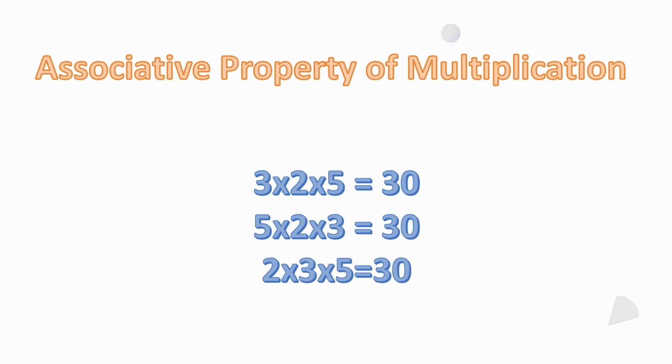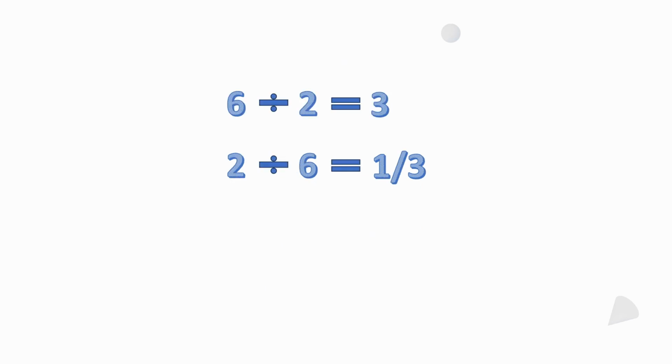That's also 30, or 2 times 3 times 5 is 30. Now, the associative property doesn't apply to division, kind of like what we showed on subtraction. If I take 6 divided by 2, well, that's equal to 3, but 2 divided by 6 is 1/3, so that doesn't work.